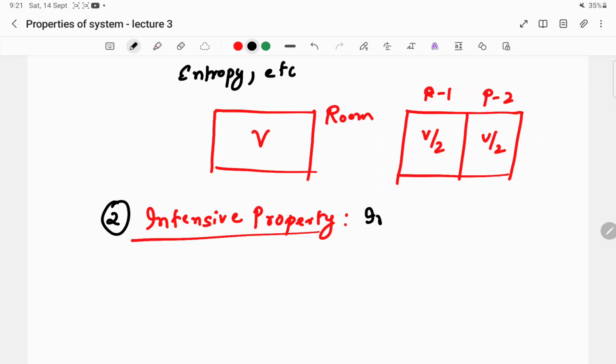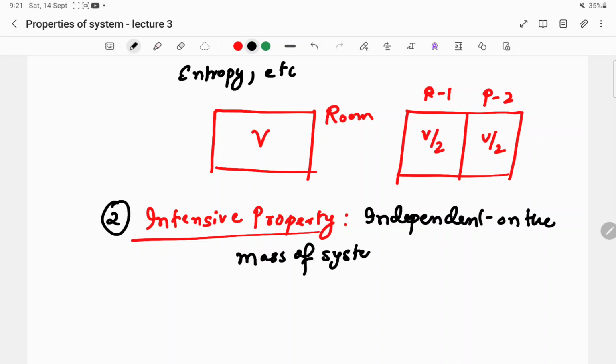It is independent of the mass of the system. And what are the examples? Pressure. See, in this case we have used the room and the volume. I will use the same room and we will change the property to pressure, and I will explain again the room theory.